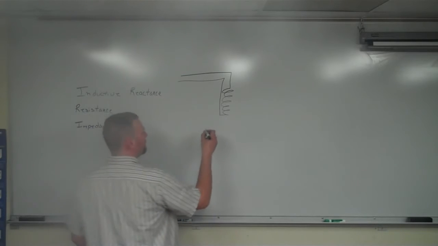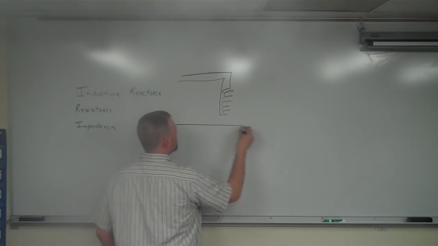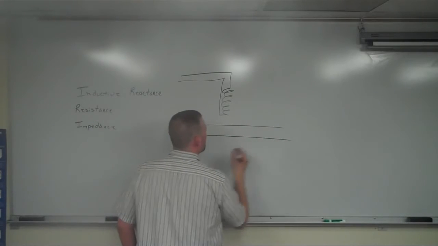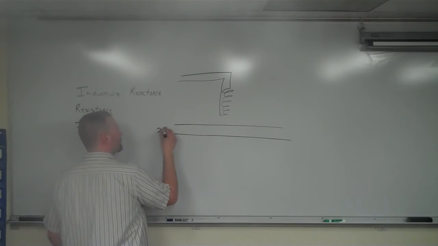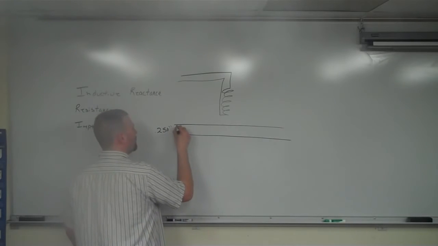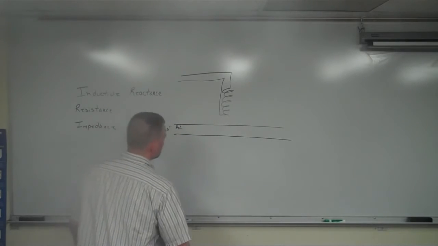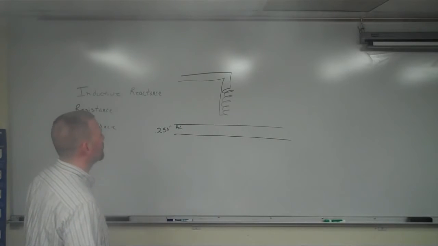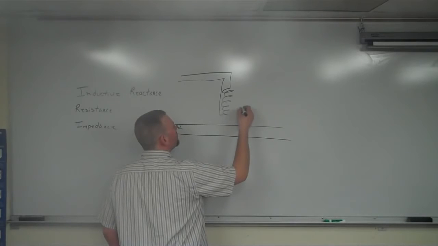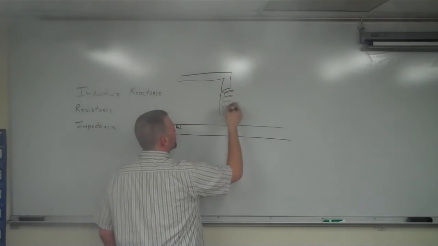Let's take a look at a piece of something that's 1/4 of an inch thick, and let's just call it aluminum. Aluminum's pretty common. That's a thick piece of aluminum, especially if you're dealing with aircraft. Inside of this there's current flowing.